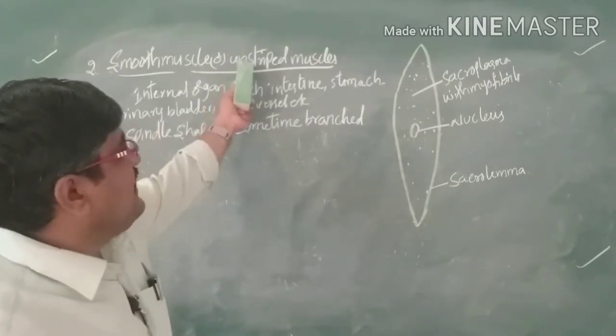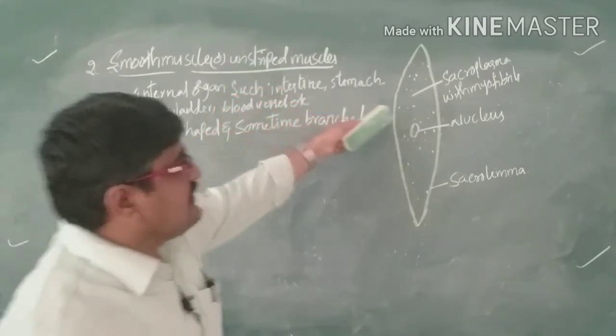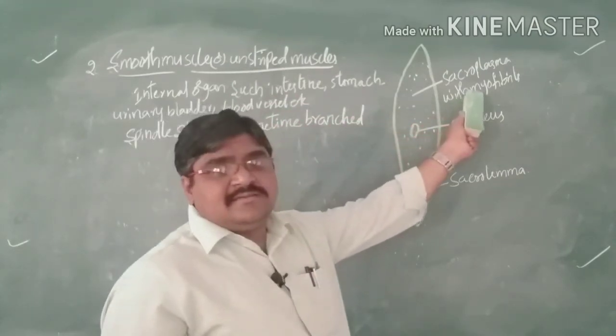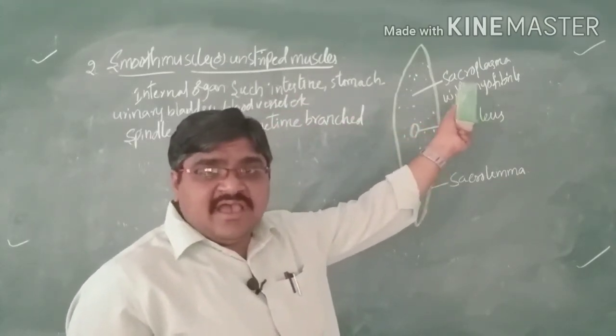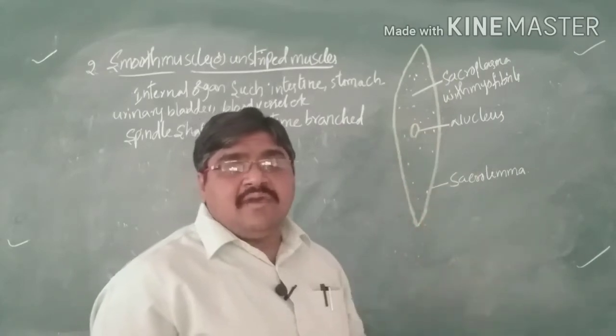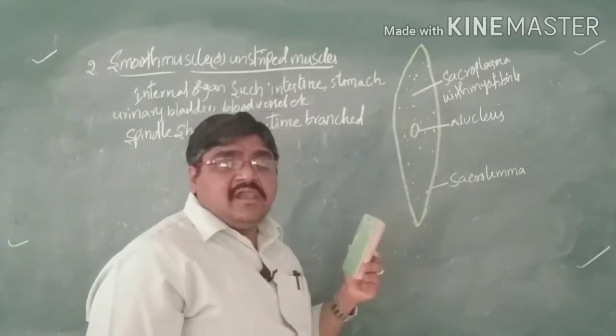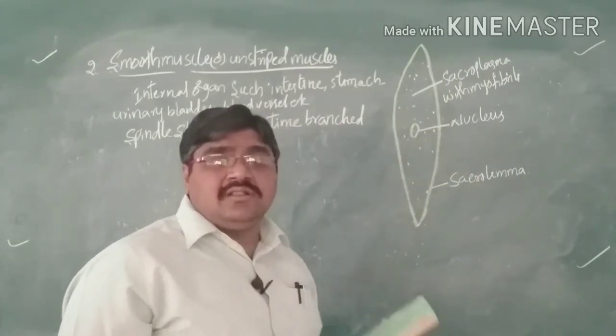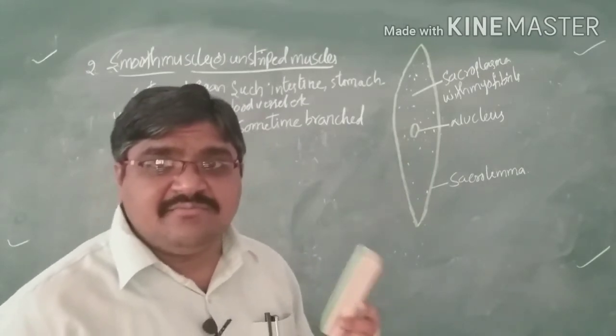Otherwise we call them unstriped. The sarcoplasm contains thin, long contractile fibers that we call myofibrils.